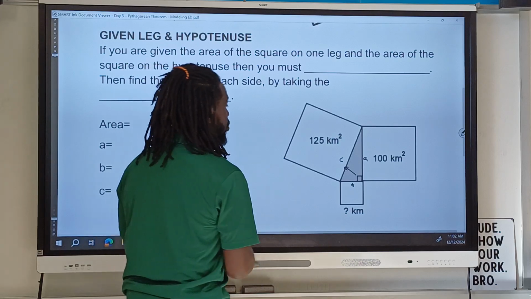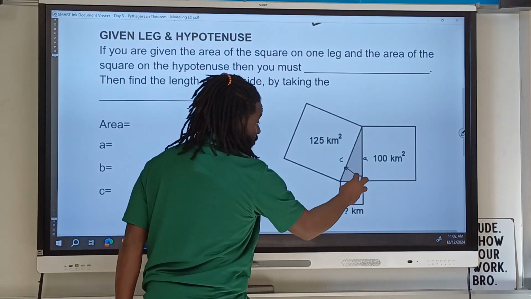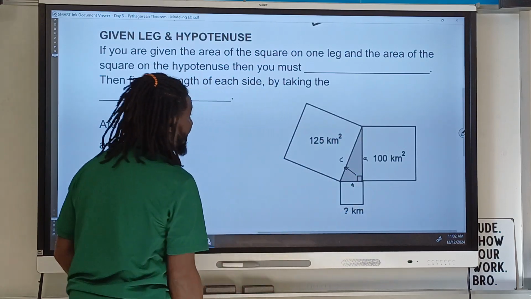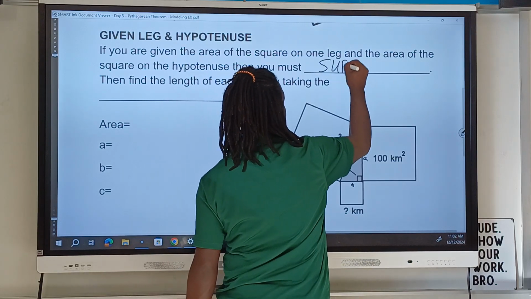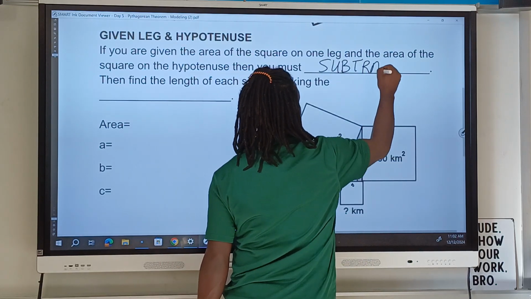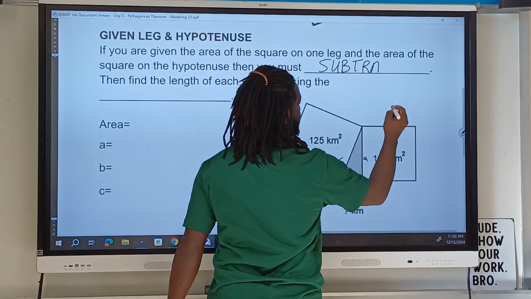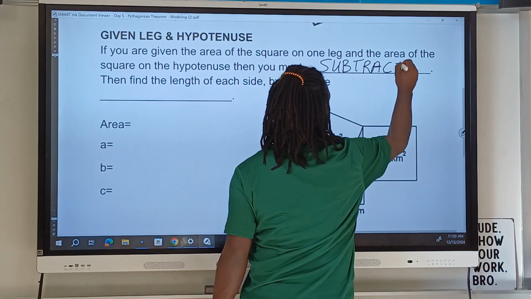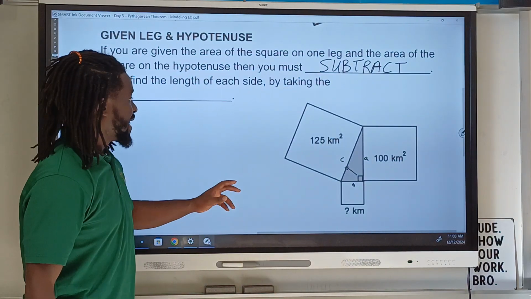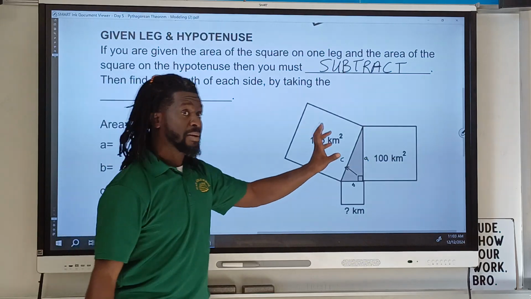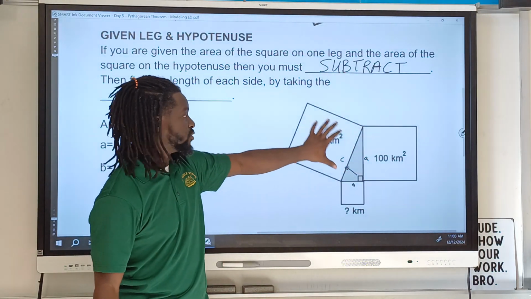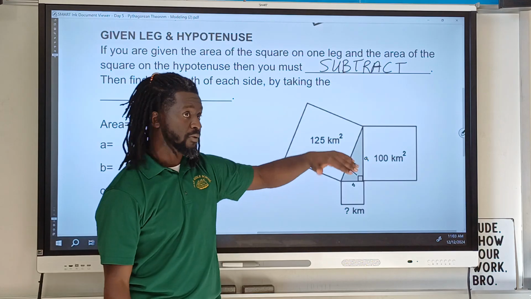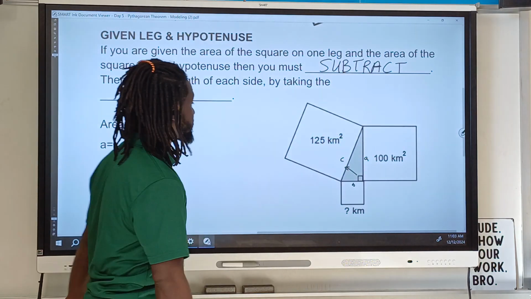Now, in order to get the area of this square, the other leg, instead of adding, I am going to subtract. Because remember, the areas of the legs add up to the area along the hypotenuse. But I have the hypotenuse, so I'm going backwards. I'm going to subtract.